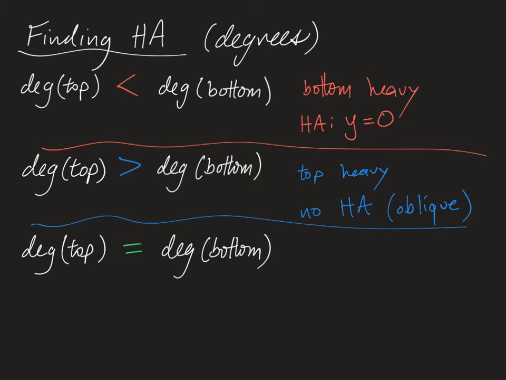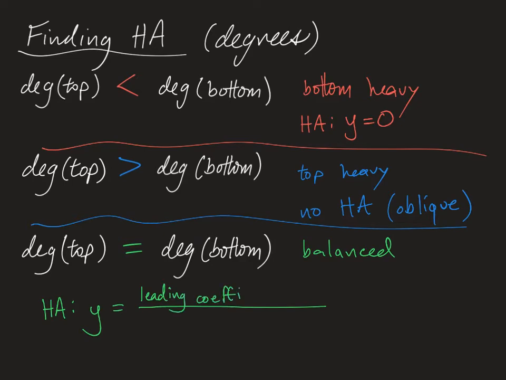All right, the last one, when they're equal to each other, we would call this balanced. And the horizontal asymptote would be equal to y equals the leading coefficient of the top divided by the leading coefficient of the bottom.